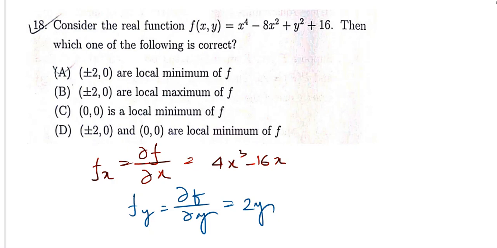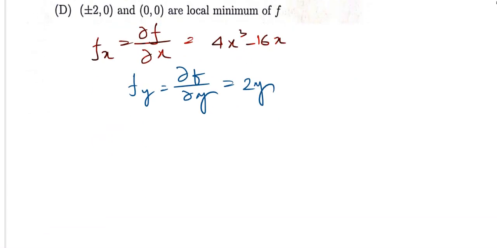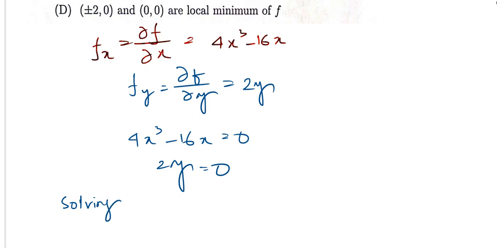Set the partial derivatives to 0 to find the critical points: 4x cube minus 16x equals 0 and 2y equals 0.